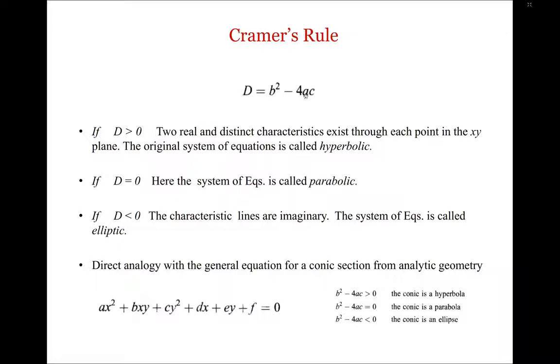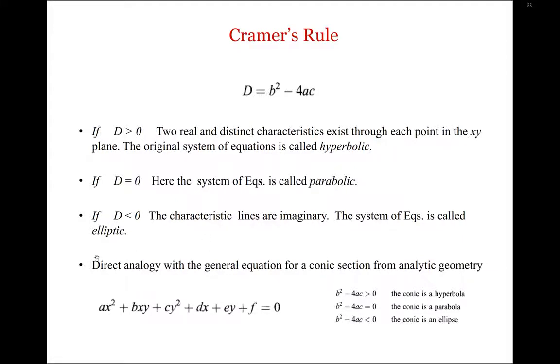If d is greater than 0, two real and distinct characteristics exist through each point. So this system is known as hyperbolic. If d equals 0, it must be parabolic. And if d is less than 0, the characteristic lines are imaginary.